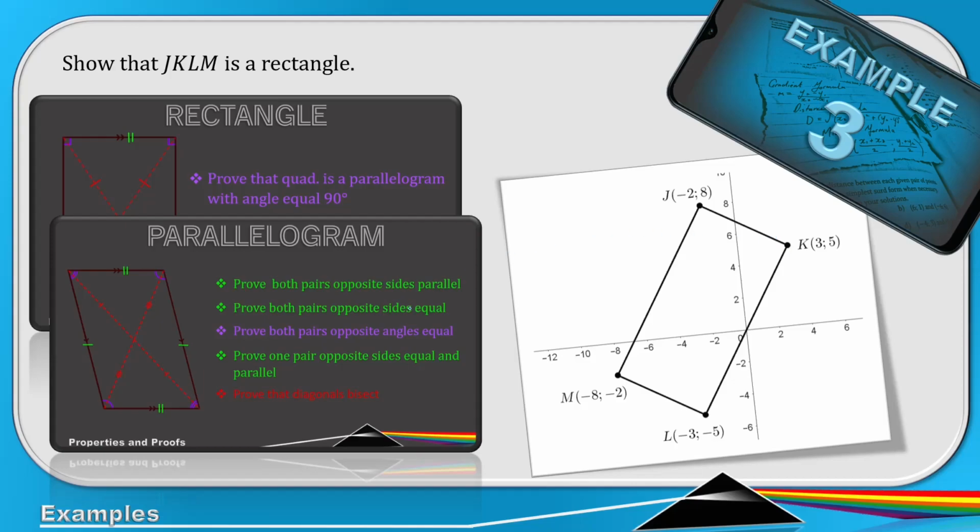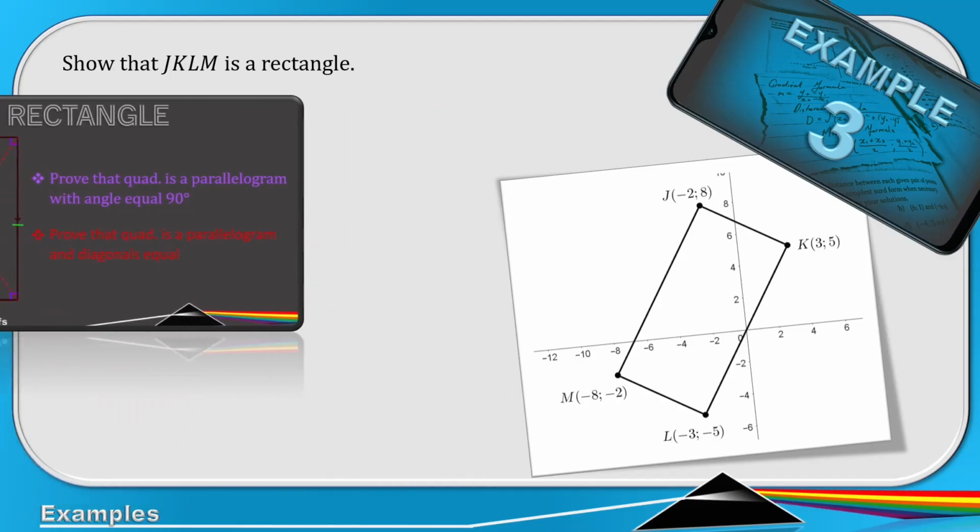If I used the second method, I'd have to find the distances of all the sides, and then when I move back to proving the rectangle, I'd have to find the gradients as well. So I would rather prove the parallelogram by the first method, because then I just need to calculate the gradients of all the sides, and it's already calculated, so I can easily prove that one angle is equal to 90.